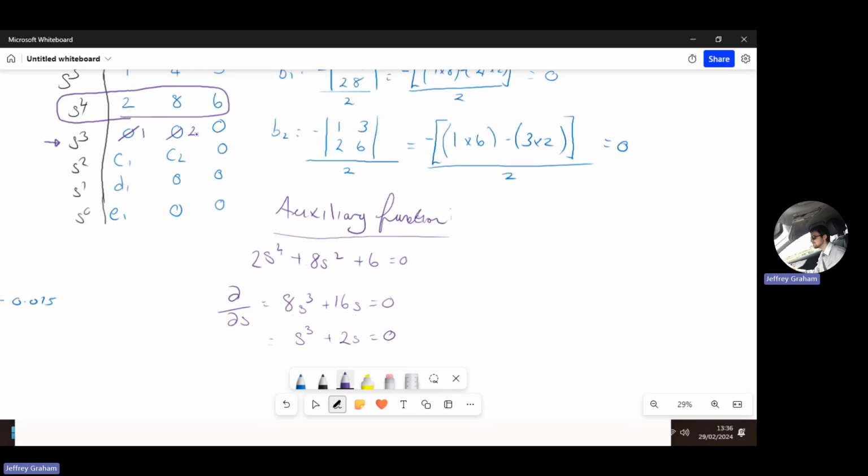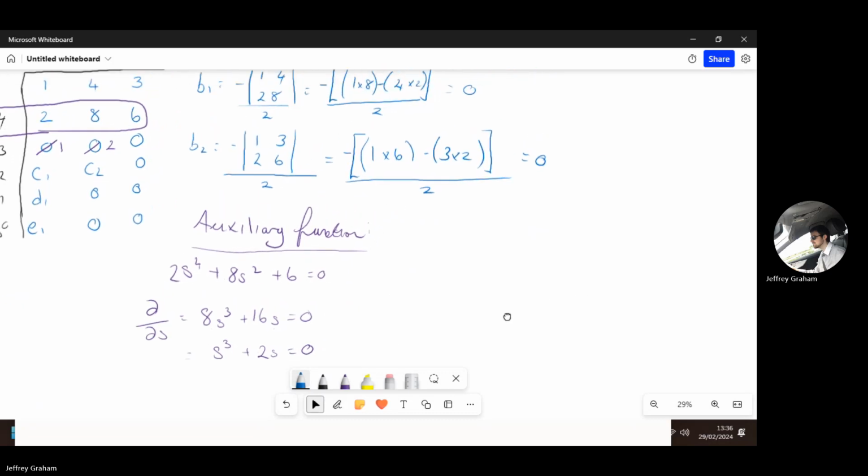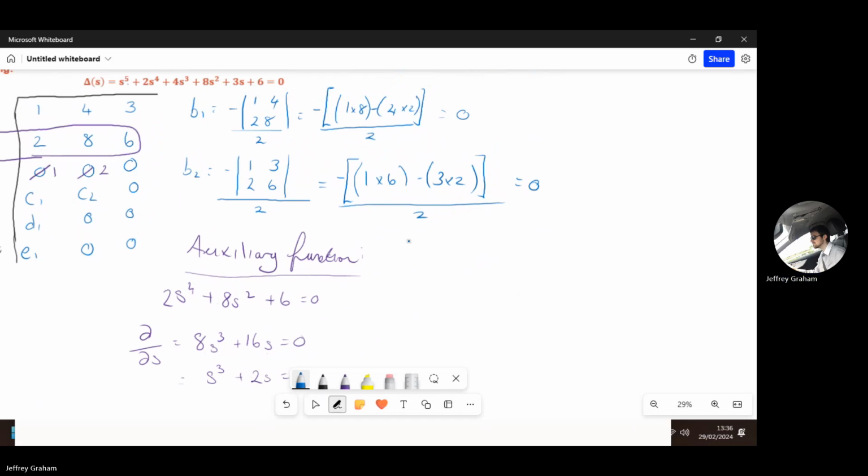The rest of it now just continues on as usual. So work out C1, C2, D1, E1. Quickly do them. So C1 is 2, 8, 1, 2 over 1. 2 times 2, take away 8 times 1.